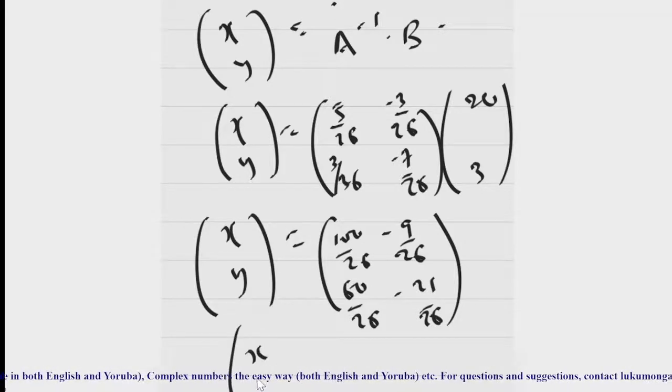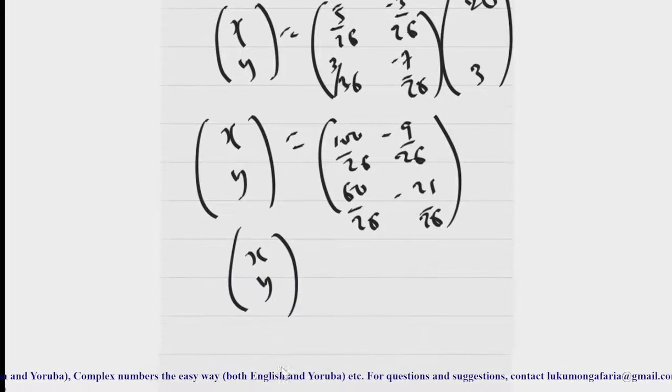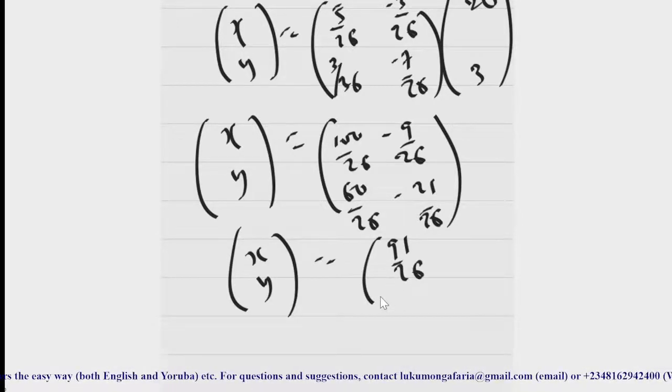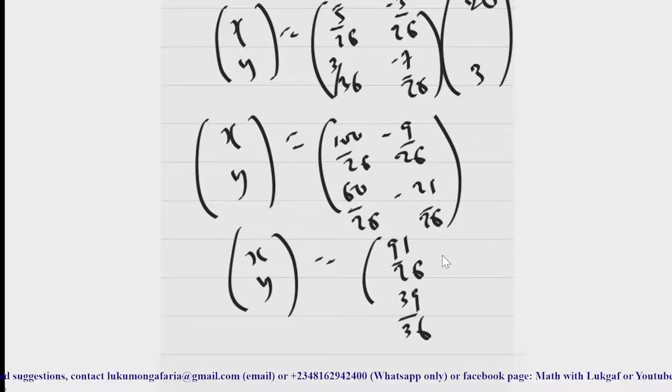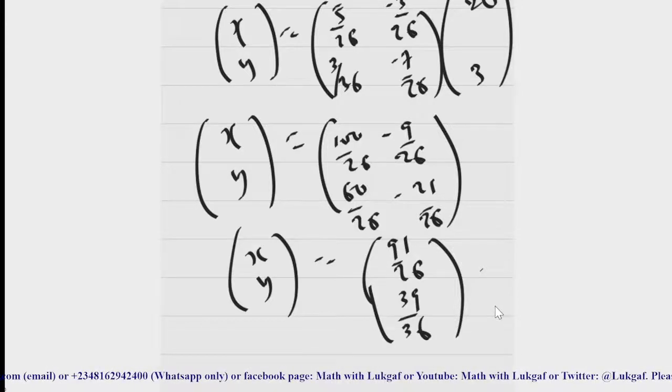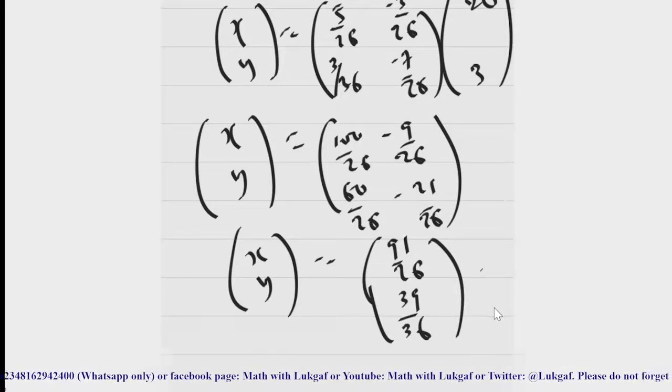So if you continue, simplify further. So this one will give me 91/26. And this one will give me what? What is 60 minus 21? I think that is 39. You have 39 divided by 26. So and that's that. You can see whether the number can go again. I think can 13 go?